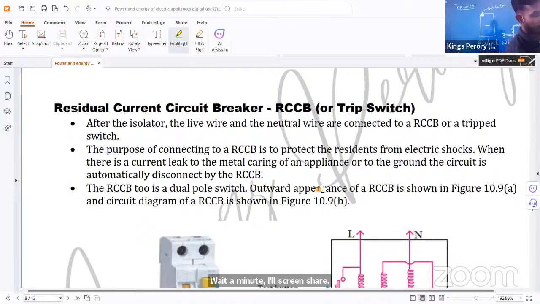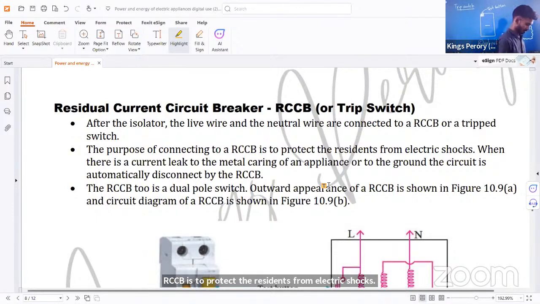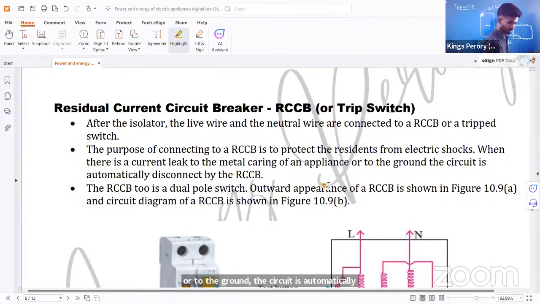Read the RCCB part. Residual current circuit breaker, RCCB or trip switch. After the isolator, the live wire and the neutral wire are connected to an RCCB or a trip switch. The purpose of connecting an RCCB is to protect the residents from electric shocks. When there is a current leak to the metal casing of an appliance or to the ground, the circuit is automatically disconnected by the RCCB.